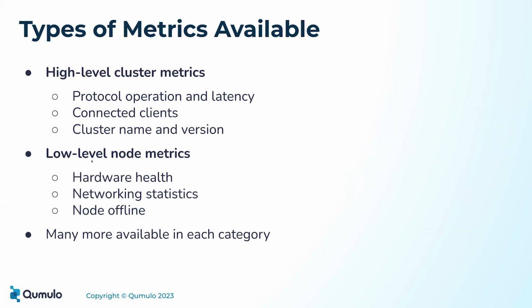And then we have low-level node metrics, which show you things like the health of the hardware and statistics of the network. Like, do I have a dead drive? Am I dropping a lot of packets? Do I have a lot of network errors? And it shows you if a node is offline. Each one of these categories has many, many more metrics that are available.